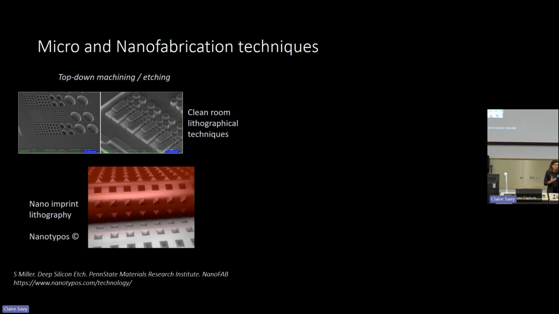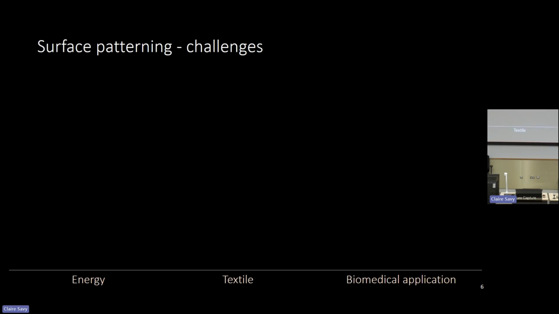And borrowed from electronics meant that they were optimized for silicon and for solid materials. And they were all top-down techniques, where you start with a solid material and you start etching through either chemical etching or mechanical etching.